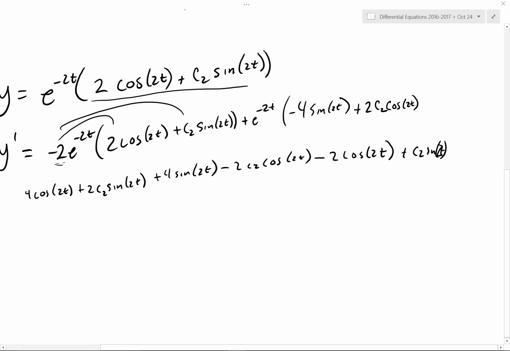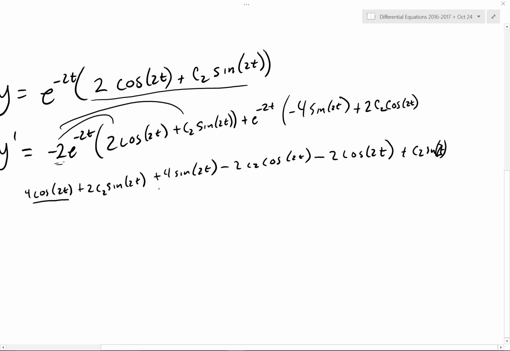And so if I collect my like terms, I've got a cosine here, and some cosine here, and some cosine here. So 4 minus 2 is 2 cosine 2t, minus 2c2 cosine 2t, right?